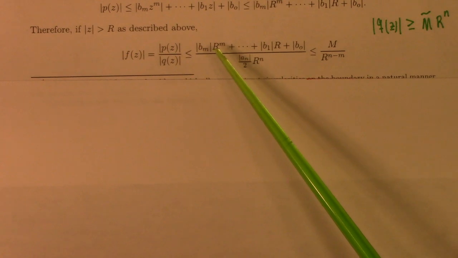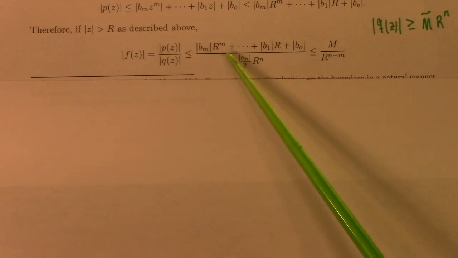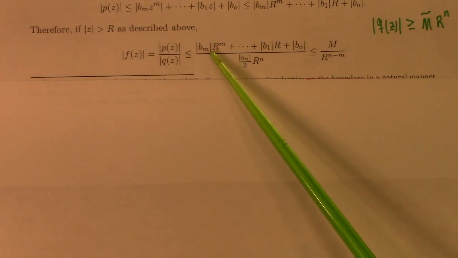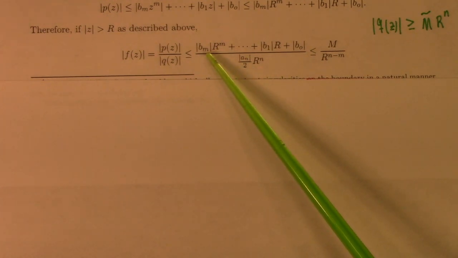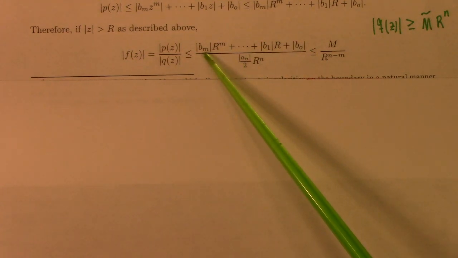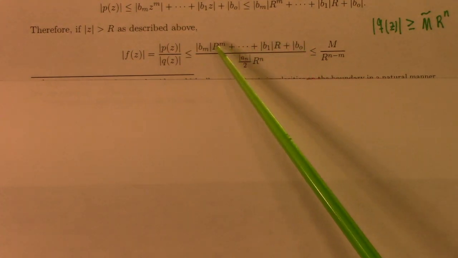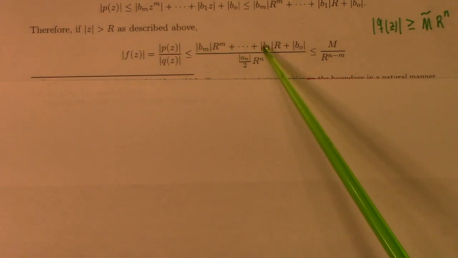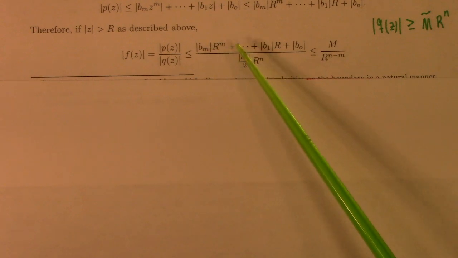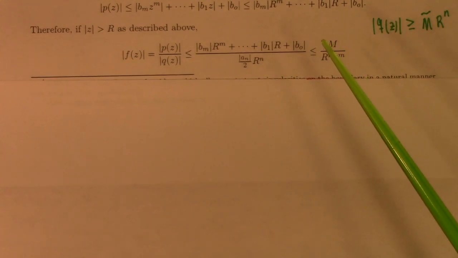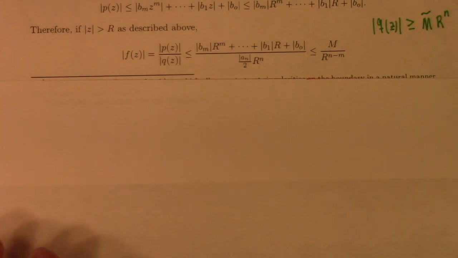And so, of course, if r is greater than 1, then you can use the maximum of the absolute values of these coefficients and replace it. Anyway, let me work this out in class. It's probably better if I do it there.